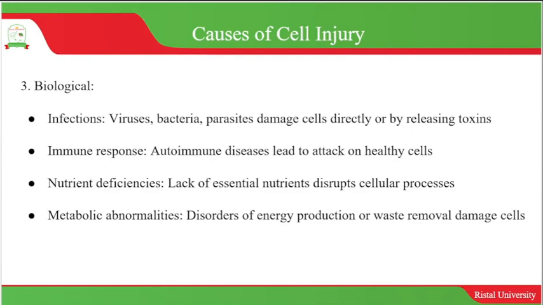But the lack of these essential nutrients also disrupts cellular processes. For example, these nutrients are needed, like glucose, fatty acids, and amino acids. Their deficiencies can lead to reduced ATP production, and therefore reduced ATP production can compromise cellular function and viability.